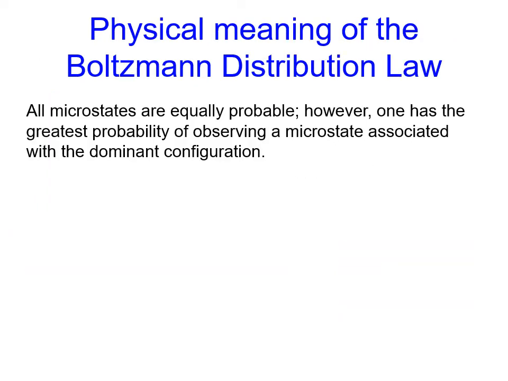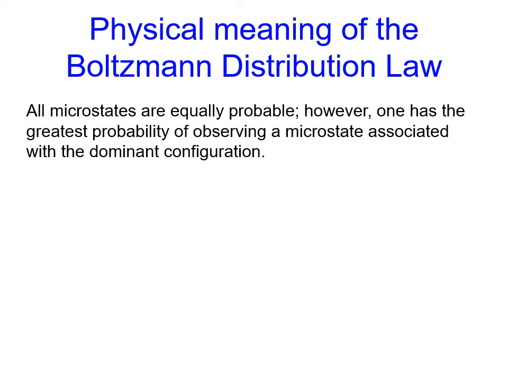We have derived the equation to calculate the dominant configuration, called the Boltzmann distribution. And we see that all microstates are equally probable. And there are many possible configurations. But this is a configuration that has so many microstates that it outweighs all other configurations.